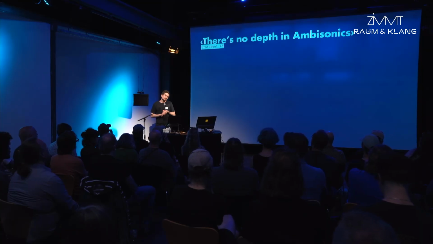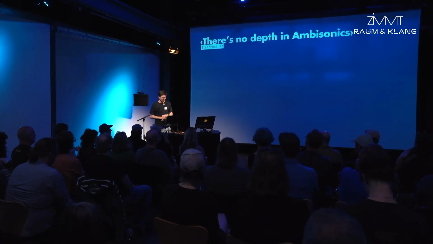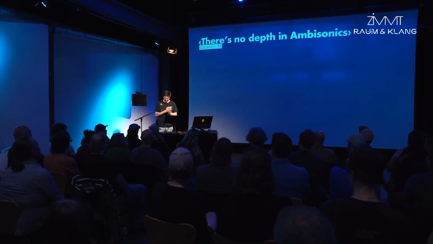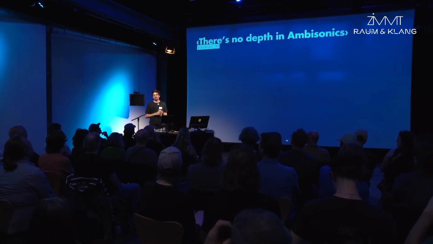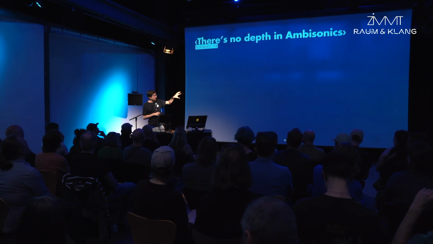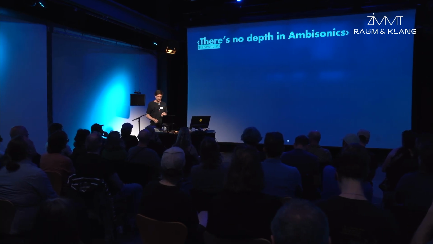Now we come to actually the first real statement I heard, and I want to discuss it with you. There's no depth in Ambisonics, and I think that's quite a hard statement to analyze, because I actually heard it just as it stands there, but it's hard to grasp what's really meant by it.